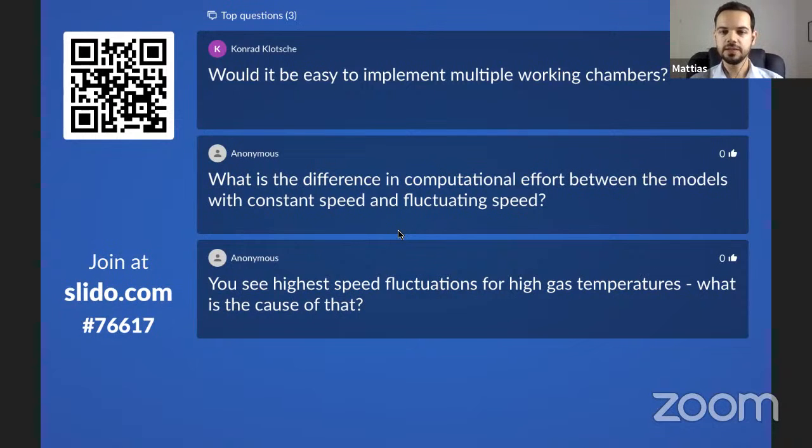But for the fluctuating speed case, you need more cycles to achieve convergence. So the solution is not that different. You could accept a similar amount of cycles, but for the paper, to be precise, we actually ran around twice or 3 times the amount of cycles of the constant speed case. So it's around 2 to 3 times to have a good criterion of convergence.